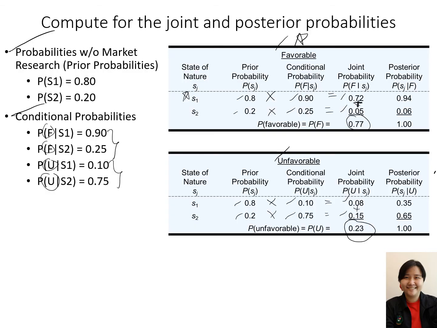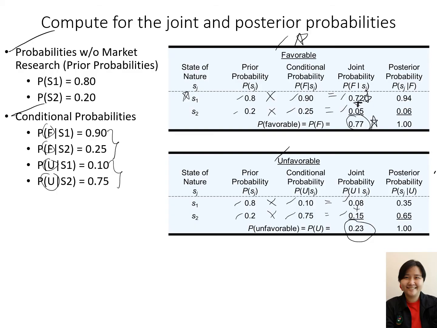For the last step, we divide the joint probability by the marginal probability to get the posterior probability. So under the favorable market research for S1, we will divide 0.72 by 0.77.